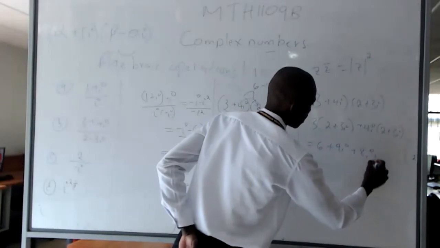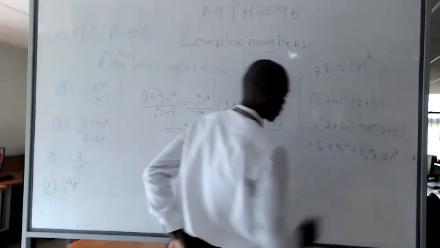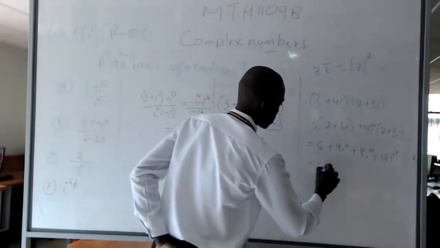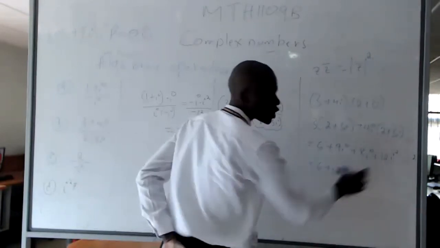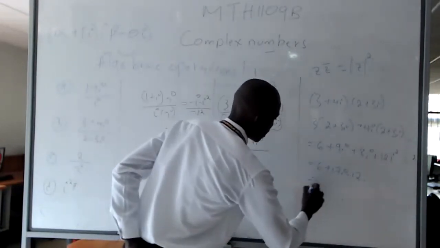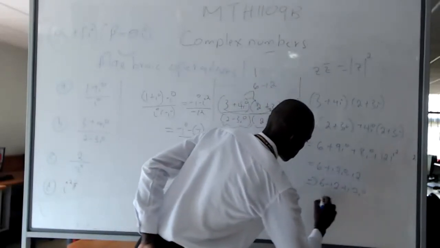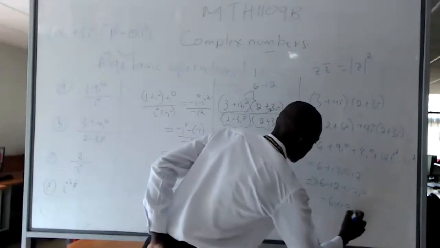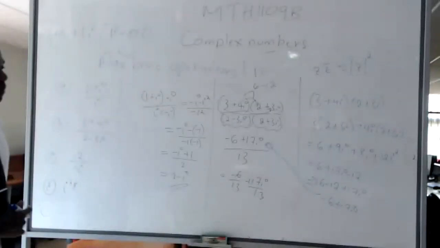And then lastly, plus 4 times 3 is 12, and then i squared. So this gives you 6, plus 9 plus 8 is 17i. i squared is negative, so there I have minus 12. Therefore, combining, I have 6 minus 12 plus 17i. So this gives me minus 6 plus 17i. That is what I have up here in the numerator.